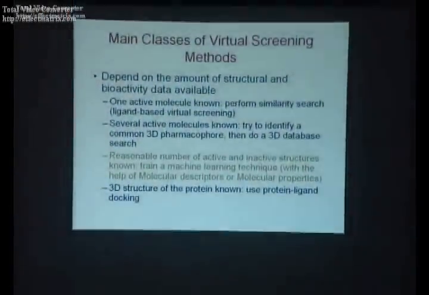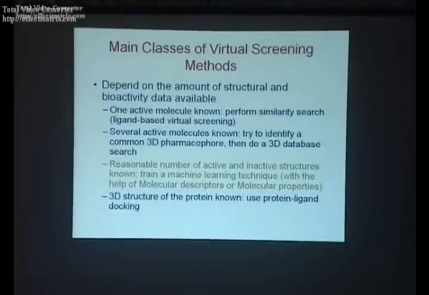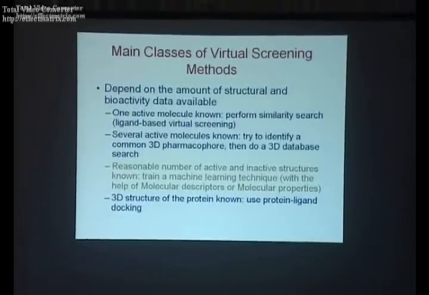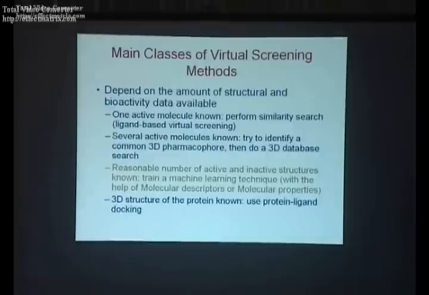We will use a machine learning technique with the help of molecular descriptors to classify the inactive and active data sets. The other thing is that if the 3D structure of the protein is known, then use protein-ligand docking. We can also do that. But we will be considering a data set which contains active and inactive structures.